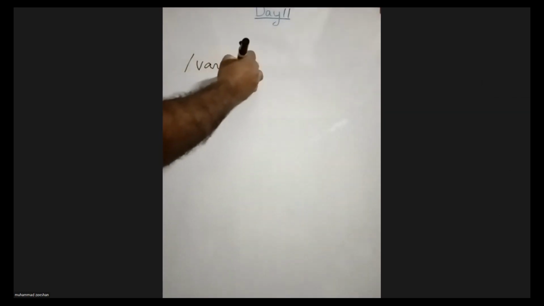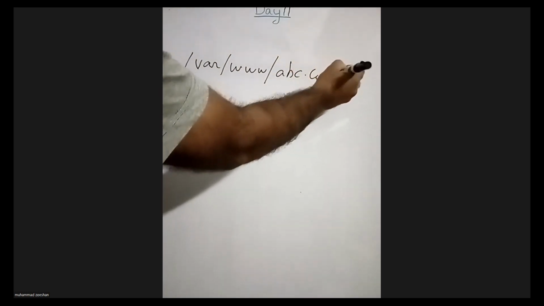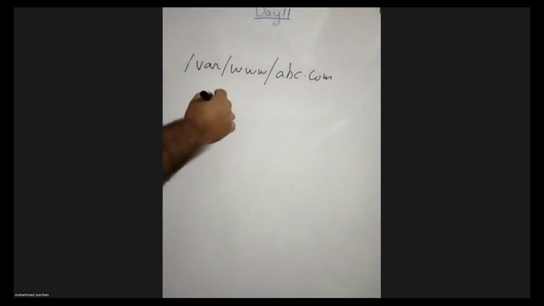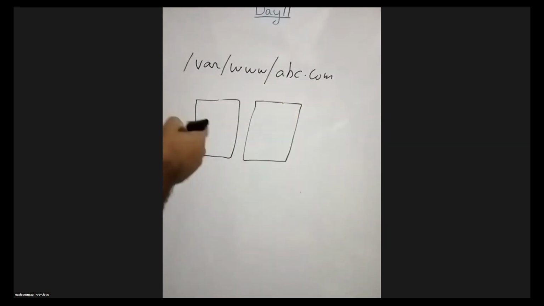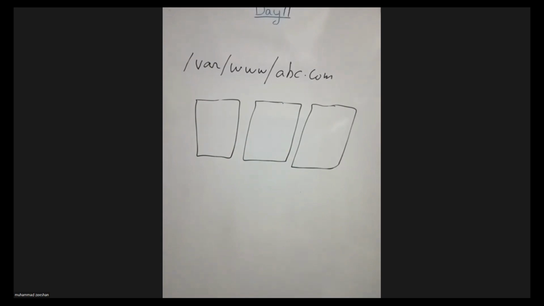We have a website running on /var/www and then abc.com. This is my website, running under some server. We have another server, and everything is behind a load balancer. We discussed this yesterday.